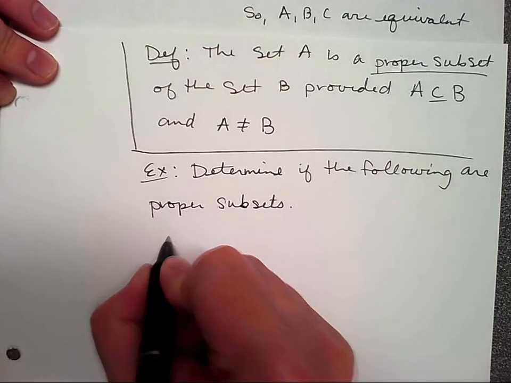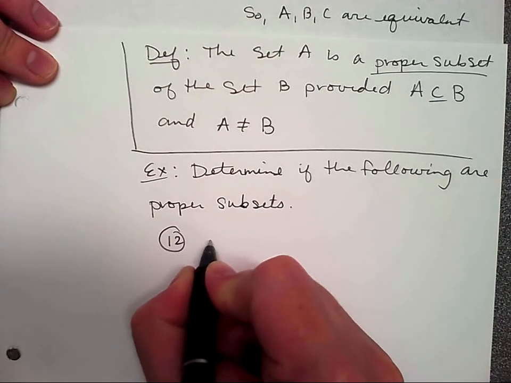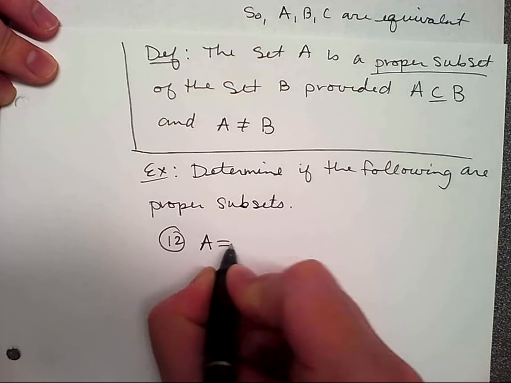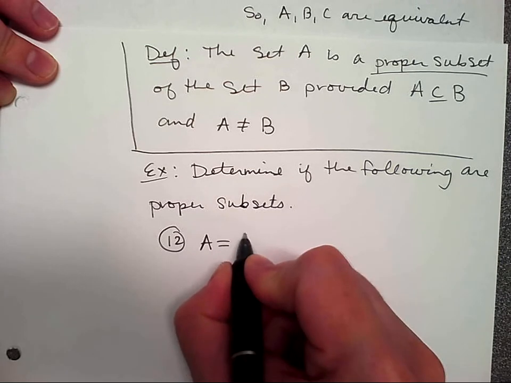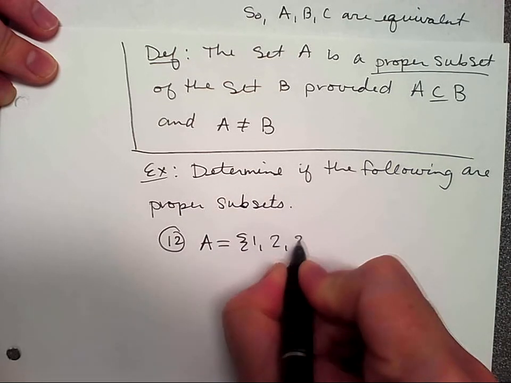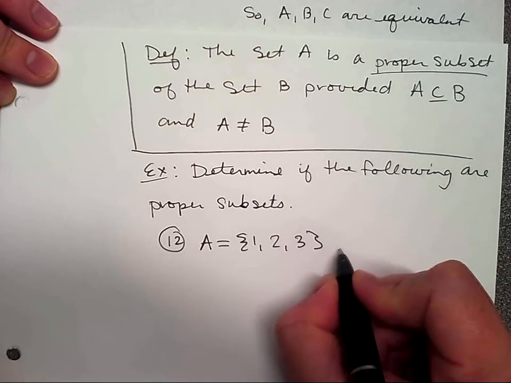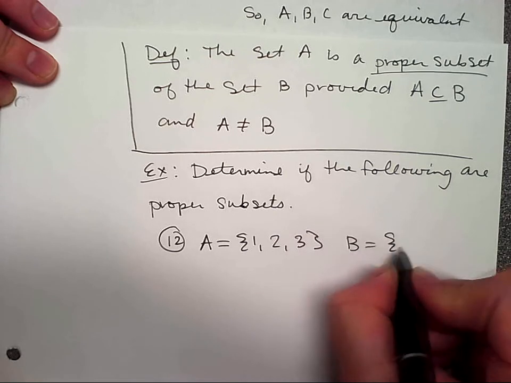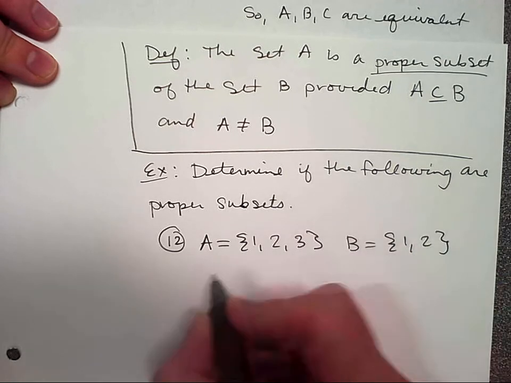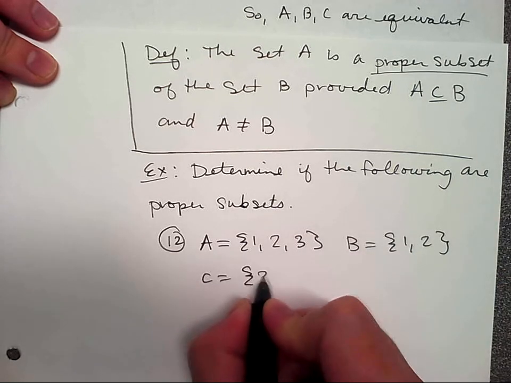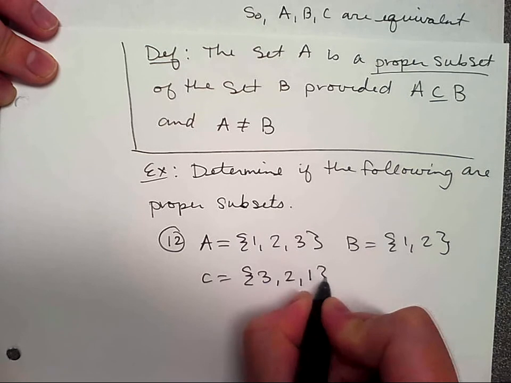Okay, so this is example 12. A equals {1, 2, 3}, B equals {1, 2}, and C equals {3, 2, 1}.